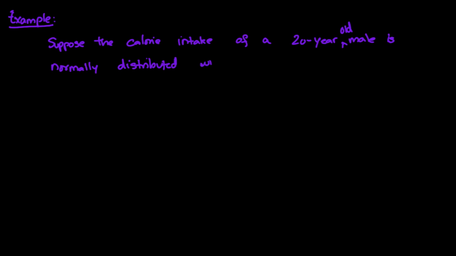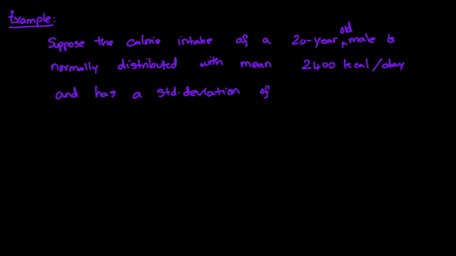Suppose the calorie intake of a 20-year-old male is normally distributed with mean 2,400 kilocalories per day and has a standard deviation of 100 kilocalories per day.